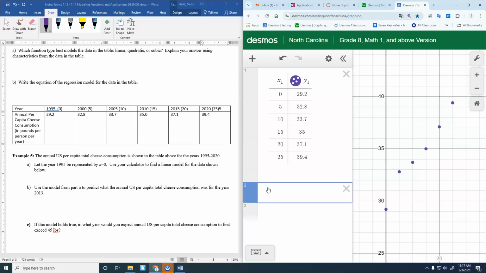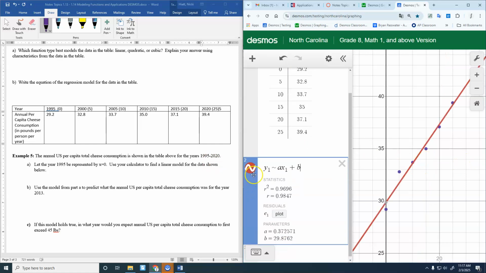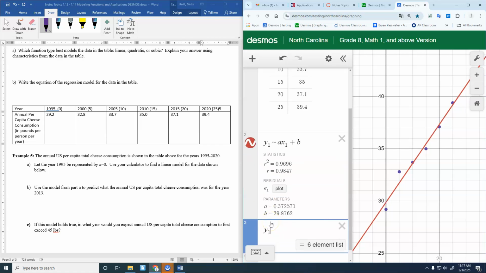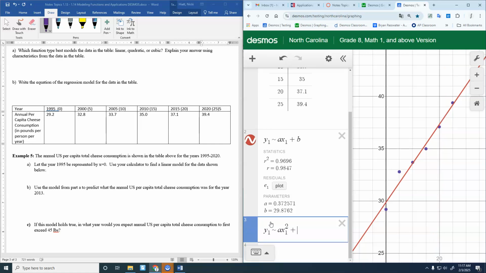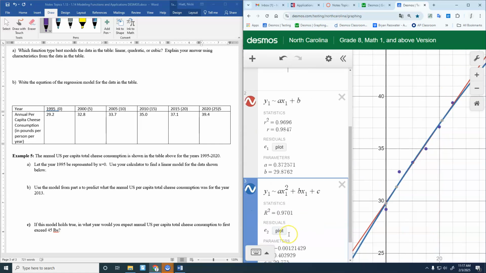So if I want to do a linear model, I'm going to do y1 squiggle a x1 plus b. And that'll give me a linear model. I'm interested to see what quadratic does. It didn't ask me to do this. For quadratic, you do ax1 squared plus bx1 plus c.